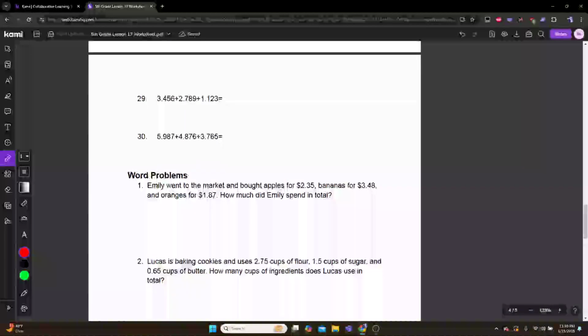Okay, now word problems. Emily went to the market and bought apples for $2.35, bananas for $3.48, and oranges for $1.87. How much did Emily spend in total? So we want to add up all of the prices of the items that she bought. So the apples were $2.35, the bananas were $3.48, and the oranges were $1.87.